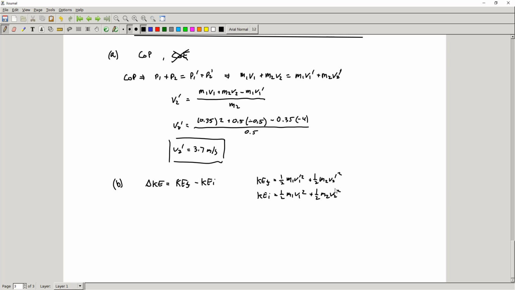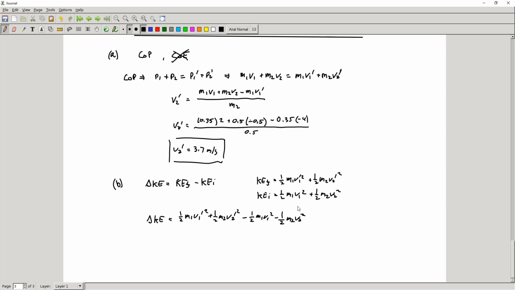Okay? And so we can substitute this directly into our change in kinetic energy formula, and we find the following expression. We're going to have our final kinetic energy, so 1/2 m1 v1 prime squared plus 1/2 m2 v2 prime squared, minus 1/2 m1 v1 squared minus 1/2 m2 v2 squared.